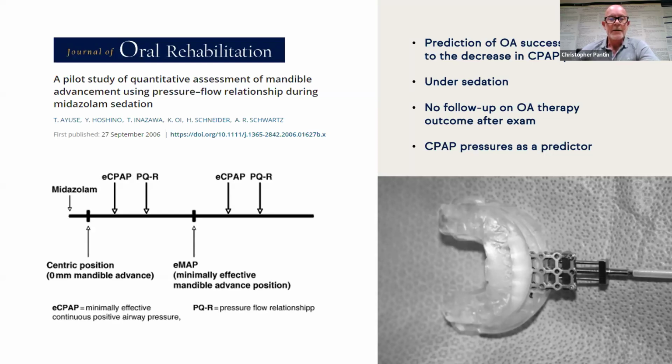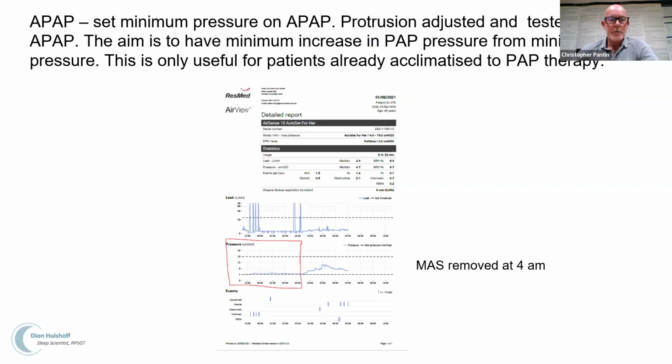Essentially, when the CPAP didn't move off the base pressure, it meant that the oral appliance was controlling the airway by itself. Now, we've been able to extrapolate that.